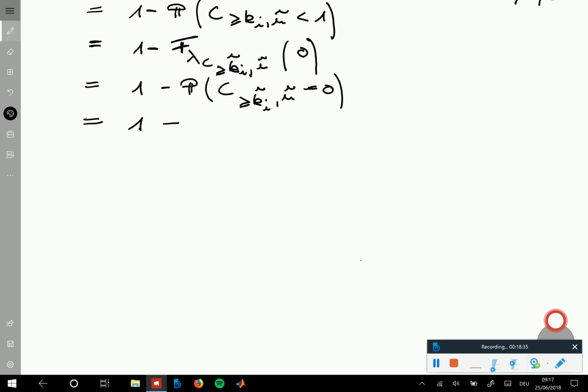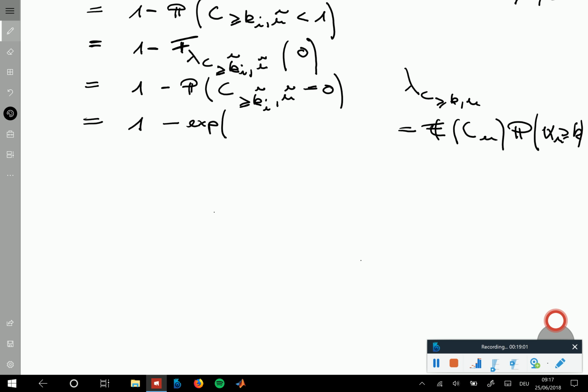And lambda in this case, so our lambda for c larger k_u, is, as we discussed, E C tilde_u P(k tilde_u larger than k_i), which then corresponds to 1 minus E C tilde_u P(k tilde_u larger than k_i).